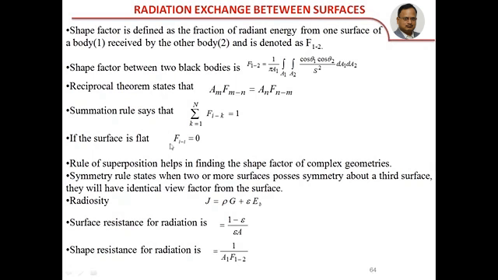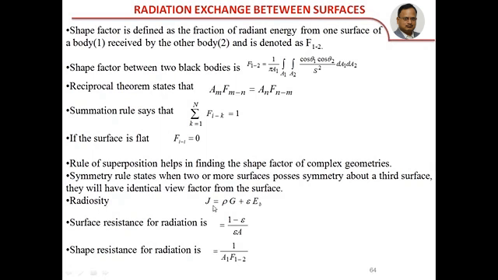If the surface is flat, F_ii, or F_11 or F_22, is equal to 0. The rule of superposition helps in finding the shape factor of complex geometries. And the symmetry rule states when two or more surfaces possess symmetry about a third surface, they will have identical view factors from that surface.